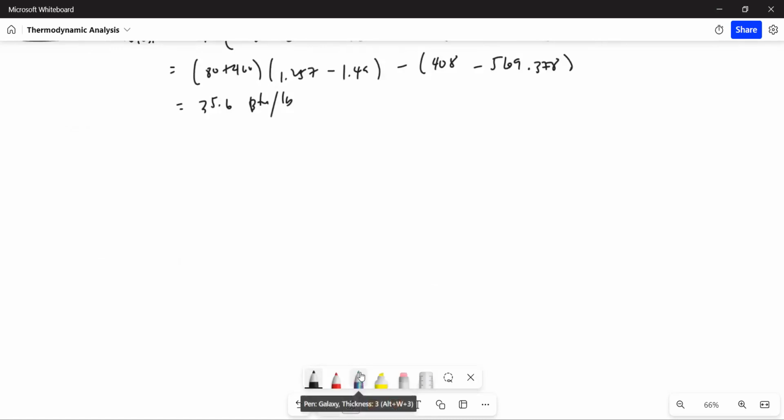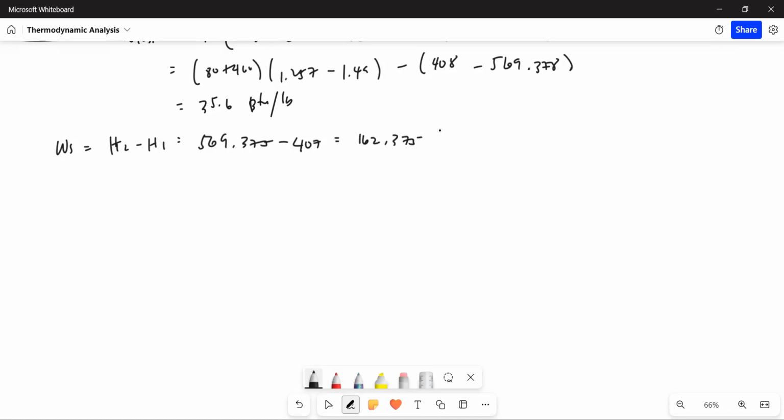And finally, for the work shaft, this is the work required by the compressor. It's just H2 minus H1. That's 569.375 minus 407, 162.375 BTU per pound.